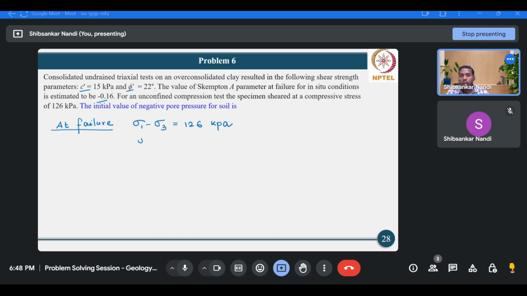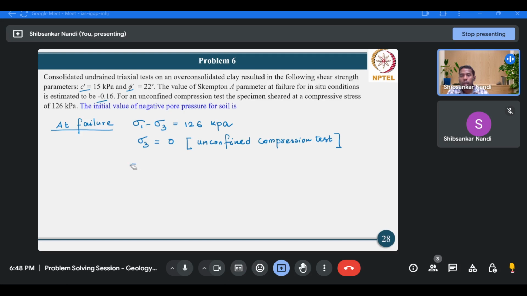Again, you know that for an unconfined compression test, sigma 3 is 0. Therefore your sigma 1 will be simply 126.